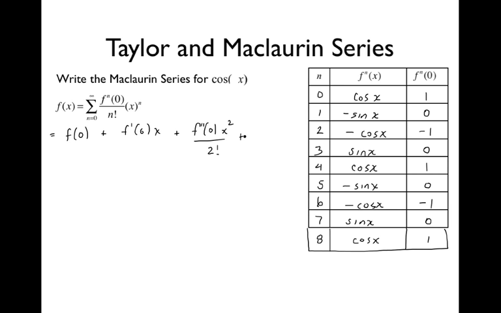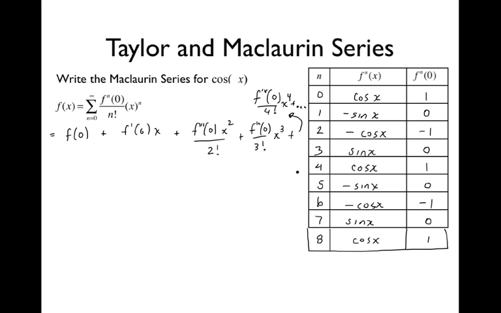We'll do one more. Actually, I want one more, and I'll do that one up here. Fourth derivative evaluated at 0 over 4 factorial times x to the 4th. And on and on and on. Is that what you wrote?